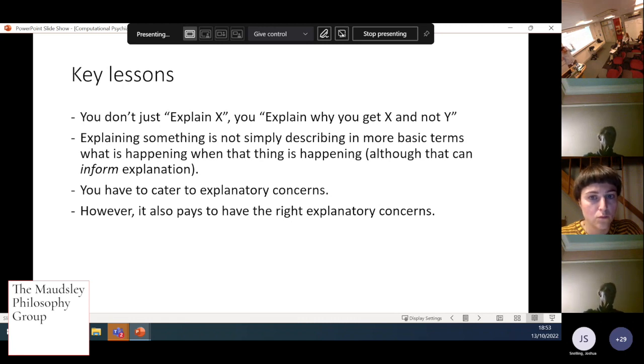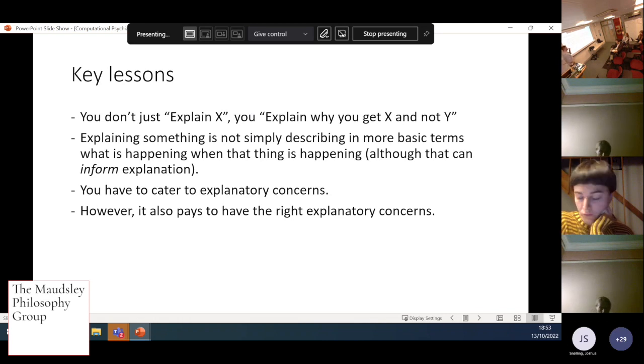But saying what's really going on doesn't explain anything, any more than you would try to explain the global economic downturn in 2008 by talking about vibrating atoms. Yes, all that's really going on in the universe is vibrating atoms. It needs to cater to explanatory concerns.